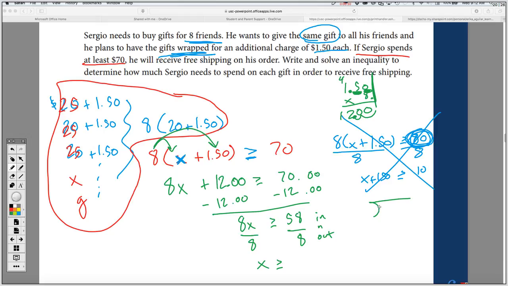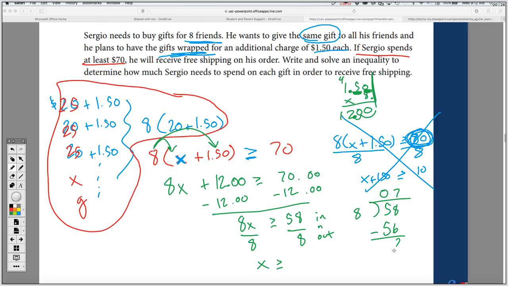Inside, 58. Outside, 8. 8 goes into 5 how many times, guys? 0. 8 goes into 58 how many times? 7. What is 8 times 7? 56. Okay, 58 minus 56. 2. What do we do now?